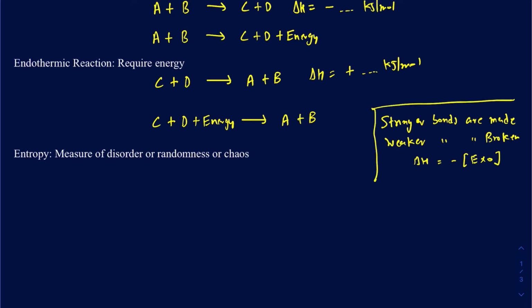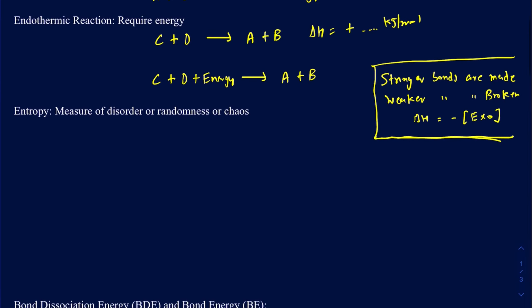If you're making weaker bonds, but then you're breaking stronger bonds, then your delta H is going to be endothermic. And then the question is, how do you really know if you're breaking a stronger bond and a weaker bond? And sometimes you just have to use your logic, and sometimes you may be given those bond dissociation energies that I'll talk about in a minute.